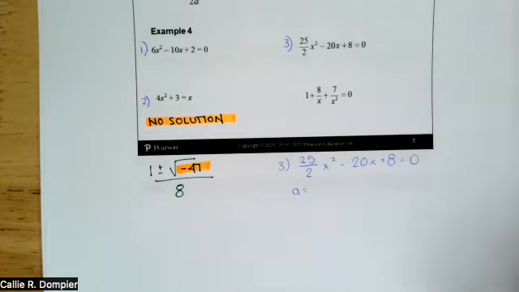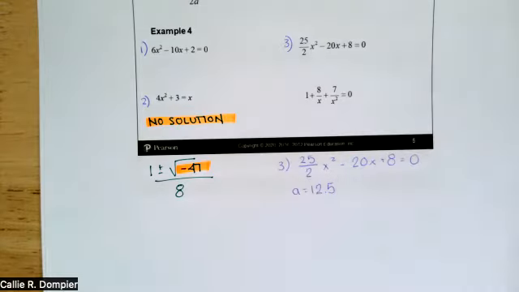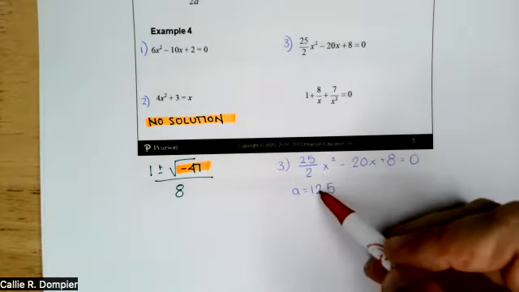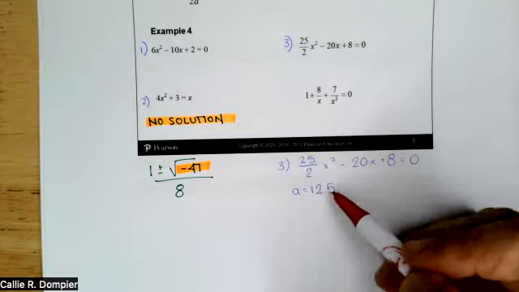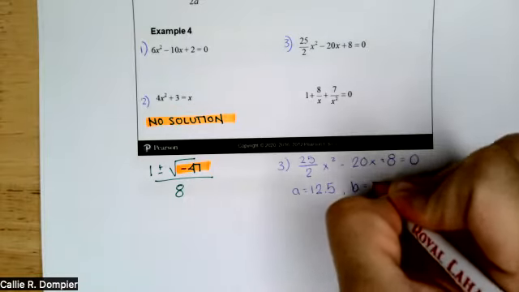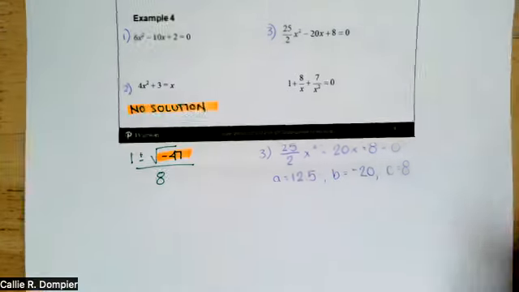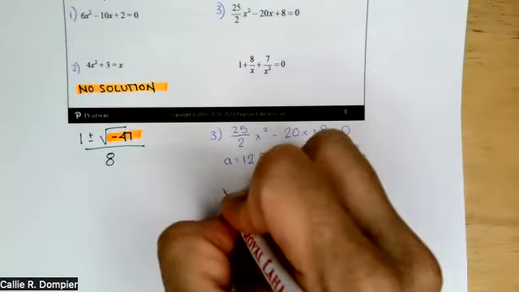Since we're just plugging it into an equation, you can change it to a decimal because it's just 12.5, right? Because 24 divided by 2 is 12, and then you're left with 1 over 2, which is 1/2. B is negative 20, and C is a positive 8. So we're just going to plug those in as we were doing last week.